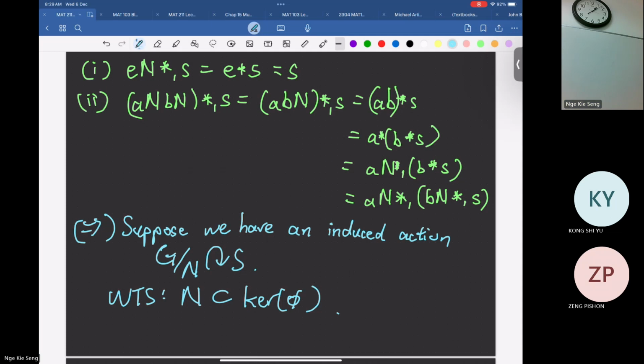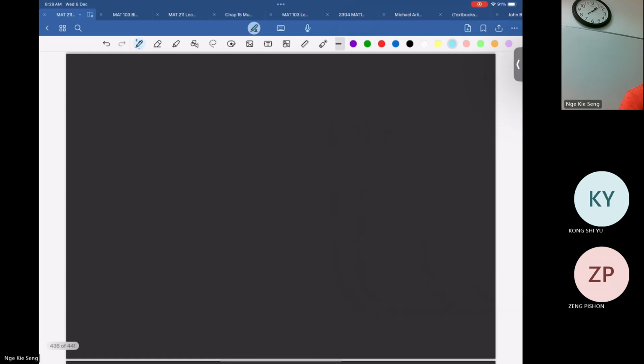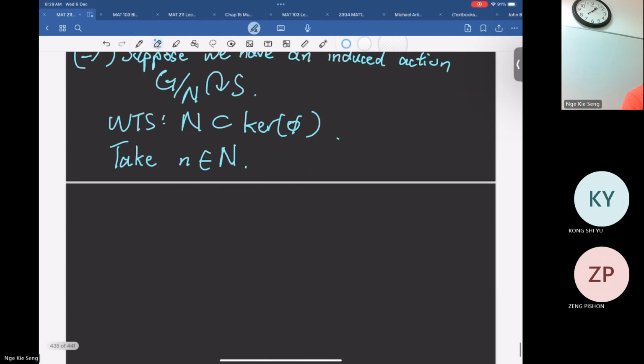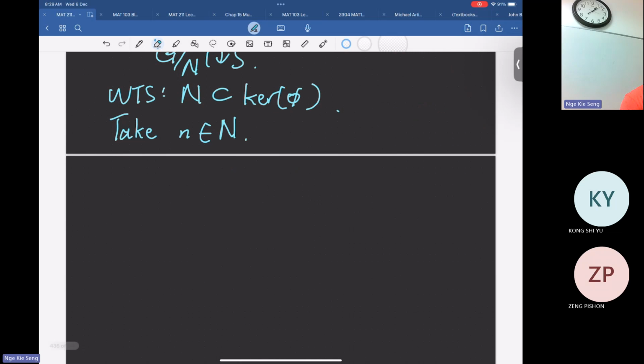What does it mean? So take an element, let's say little n in N. We want to show that the goal is to show that n is in the kernel of phi.